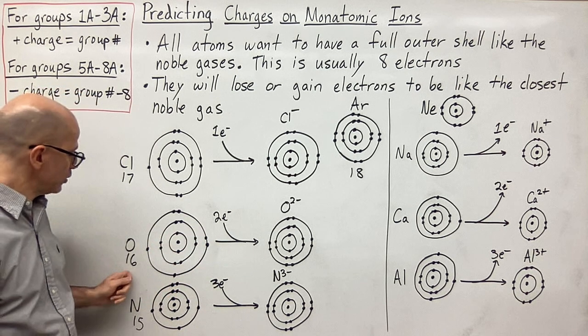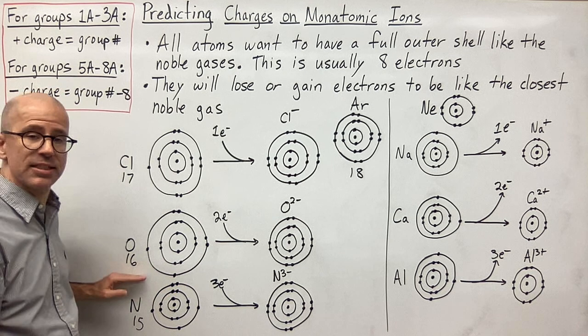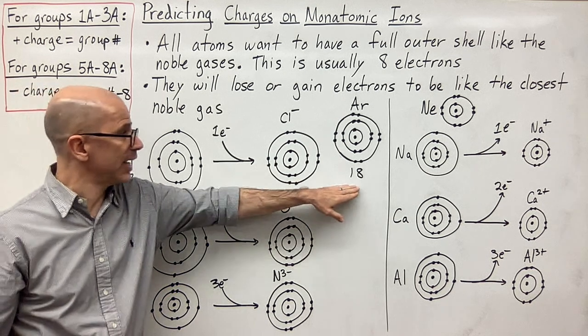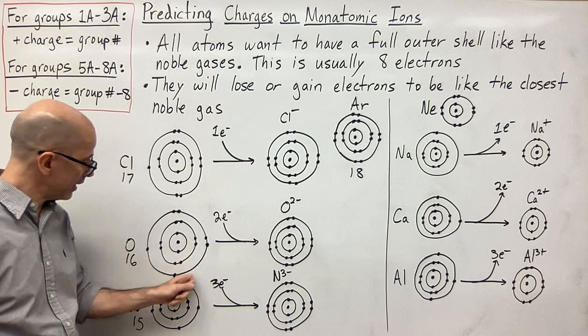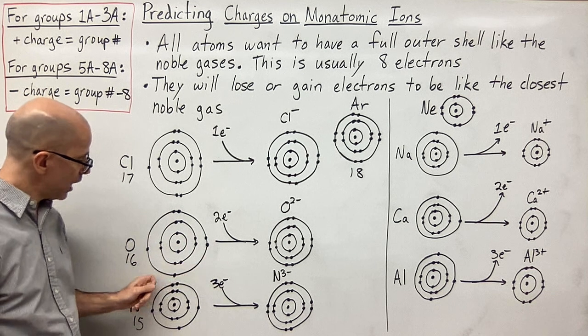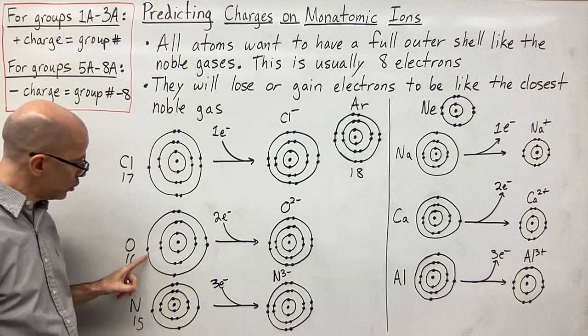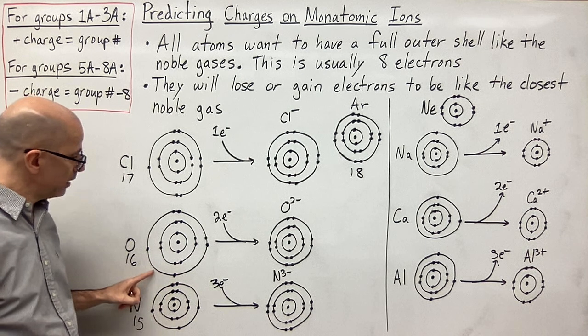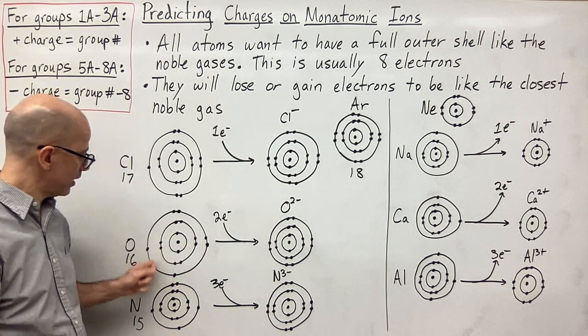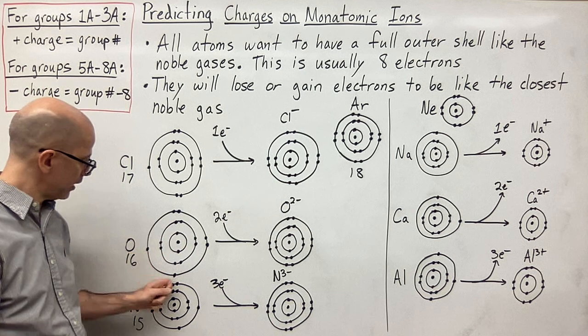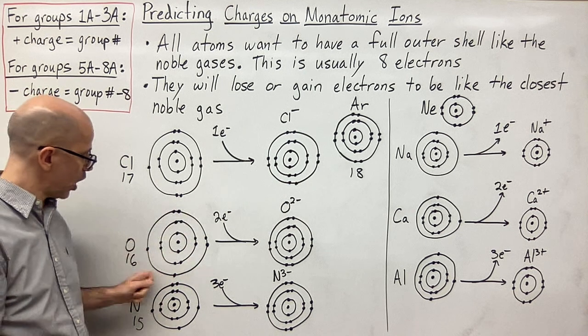Same thing with oxygen. Oxygen is number 16. The closest noble gas is, again, argon. So it's going to want to fill in its outermost shell, and it needs 2 more electrons to do that. It needs 2 more electrons to get 18, and it needs, again, 2 electrons to fill in the outermost shell with 8.